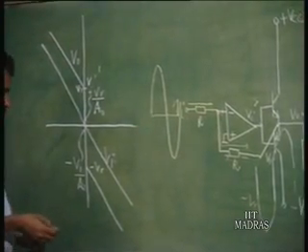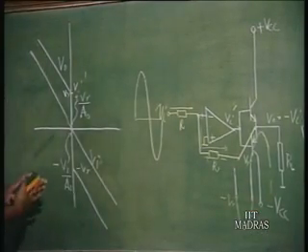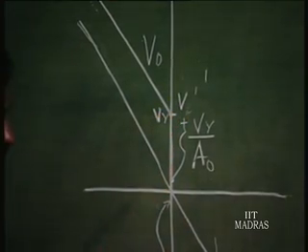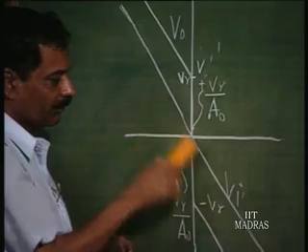So, that means the characteristic will be pretty close. If A naught is infinity, this is going to be V gamma, minus V gamma, this will be almost merging with 0 here. So, this will be perfectly linear.